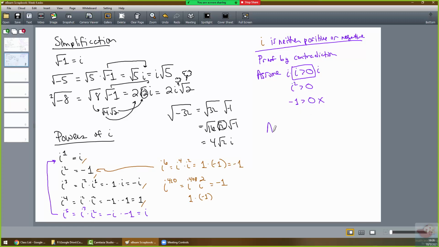Now let's assume the other side. Let's prove that i is not negative by assuming that i is negative and then finding an error. We can do the same thing. We can multiply both sides by i. On the left, we get i squared. But before we do the right-hand side, we just multiplied an inequality by a negative number. What happens?